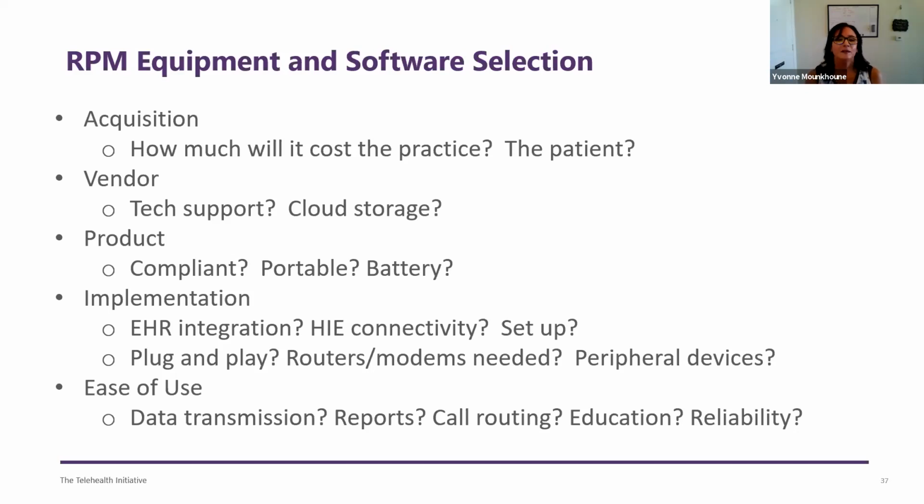And then last but not least is how easy is it to use? Not just for your patients, but for you and your staff as well. How's the call routing going to work? How is the staff training and the patient education going to work? And do you have a vendor that's going to deliver equipment? And are they going to be part of providing that education to the patient?